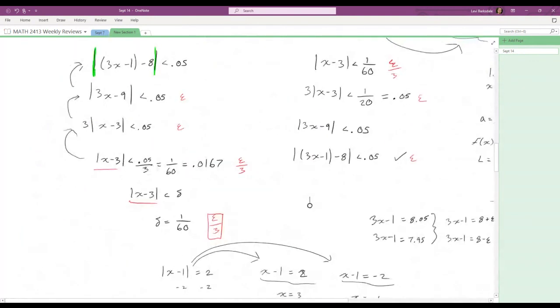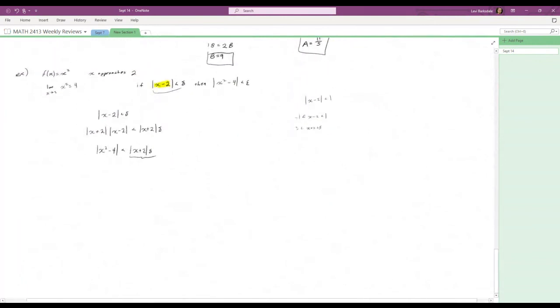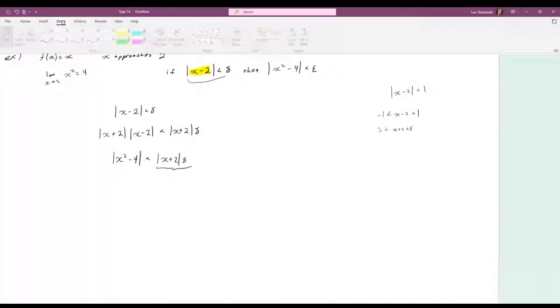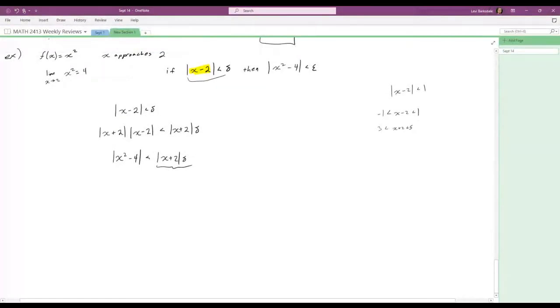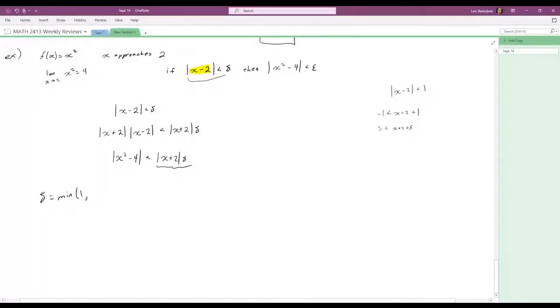Here we go. We go back down to our problem. Here's what I'm going to say. I'm going to say delta is going to be the minimum of 1 and some other number. Because I don't want to have to think about big epsilons.